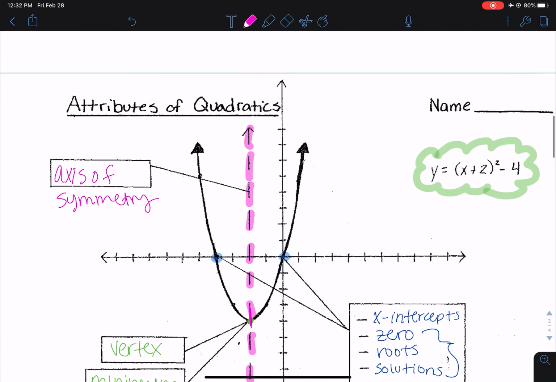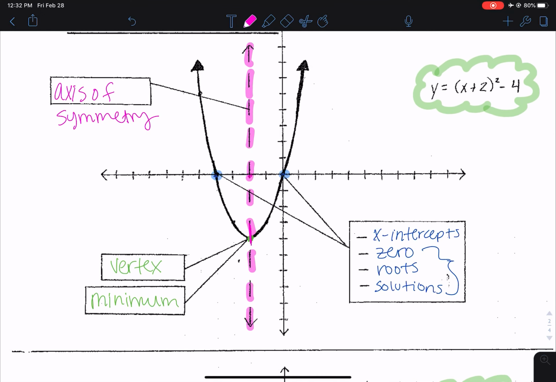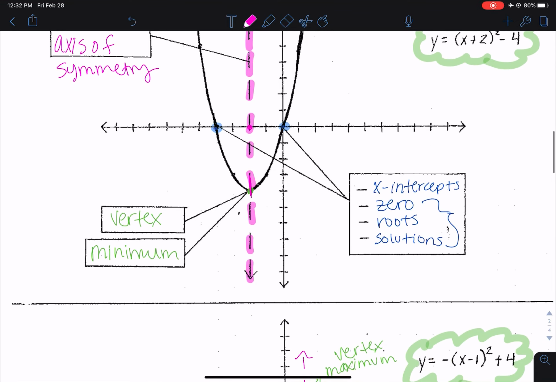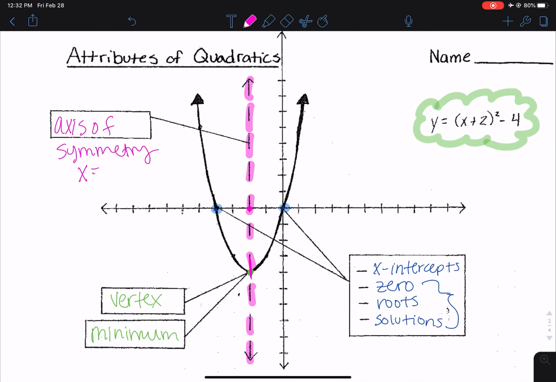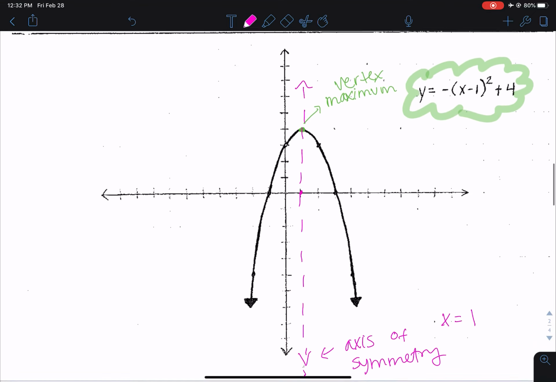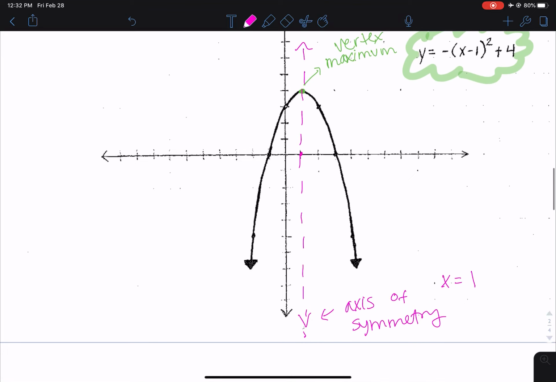So for the one above, it cuts through -2. So the axis of symmetry for this one would be x equals -2. And it's always x equals because no matter what point I pick on this dashed line, the x is -2, right? Same thing for this one. No matter where I go up on this dashed line, the x will always be 1. So that's why it's x equals.